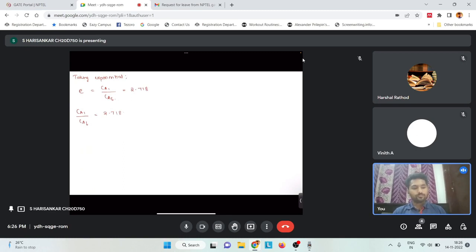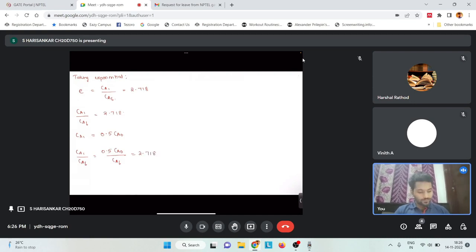Also, from the CSTR case, we established that Ca1 is equal to 0.5 Ca0. So using this, we can derive a relationship between Caf and Ca0, because Ca1 by Caf will be 0.5 Ca0 by Caf, and that is equal to 2.718.